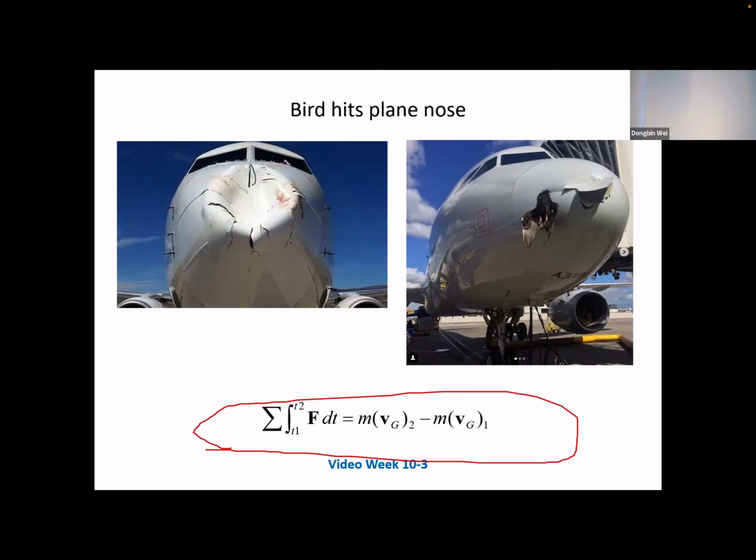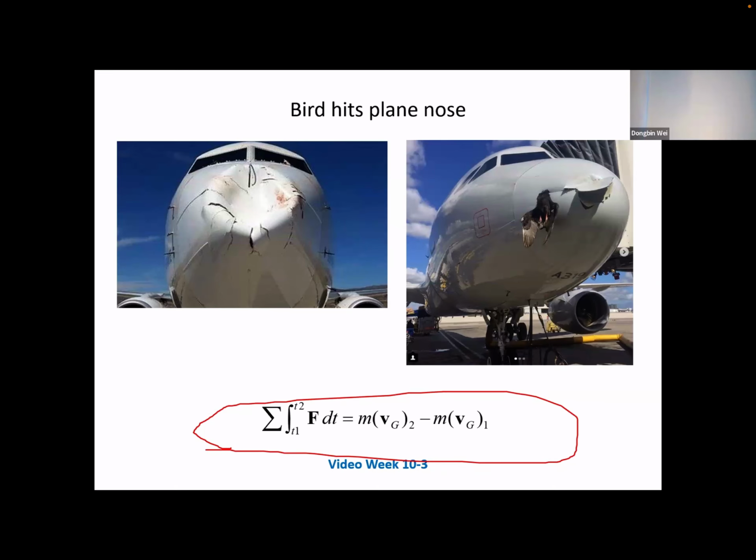But here, the impact can be very high. Why? Because a bird may be very light, not heavy, but if its velocity relative to the airplane is very high, the effect will be very serious.